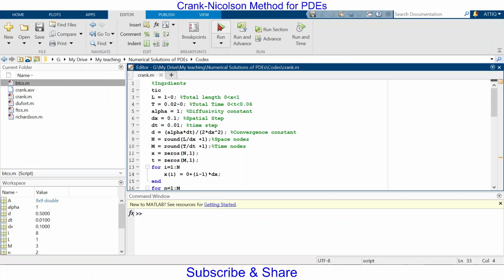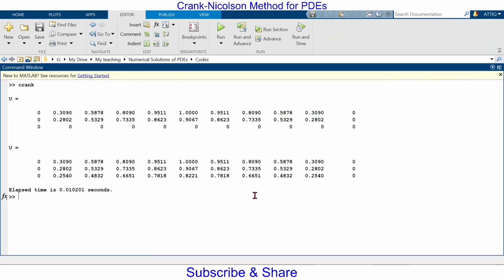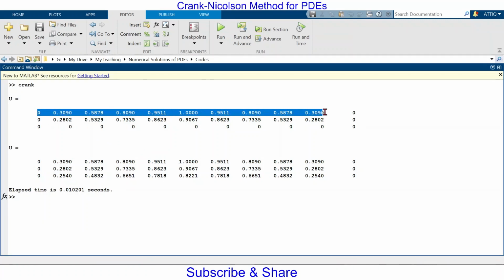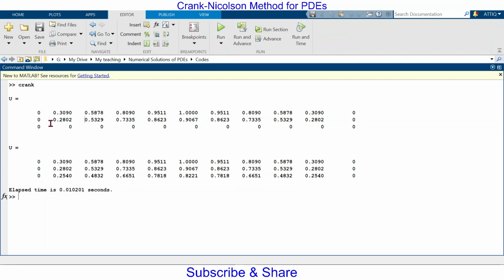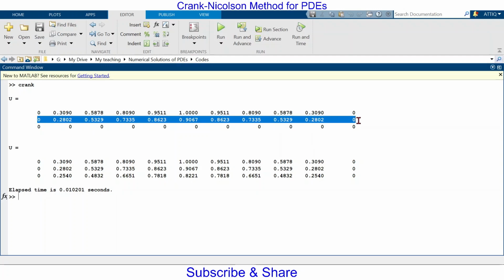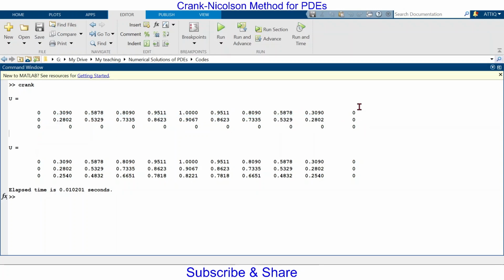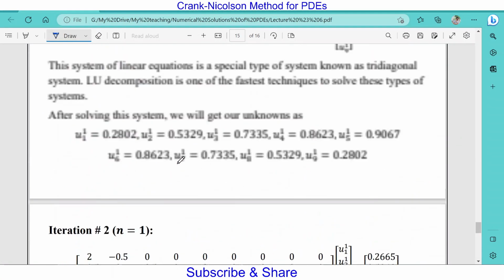So let's run this code, and these are the results for the first iteration. If you remember, this first row is from initial conditions, and this is the row that came as a result in the second iteration, and you can see the first and last columns are 0 because these are just the boundary conditions.